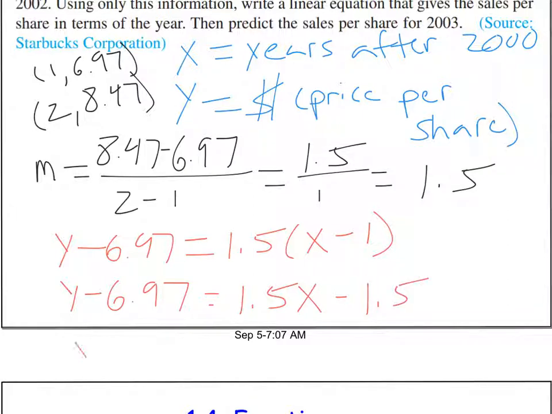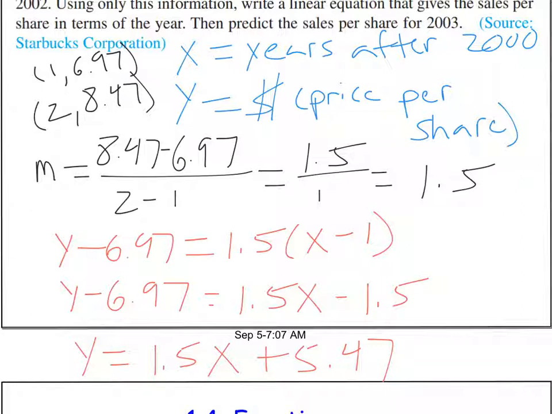And now if I add 6.97, I'll still just have 1.5x, but I will get 5.47. Okay, that line relates years after 2000 to the Starbucks price, essentially their stock value, is what the problem is referring to.